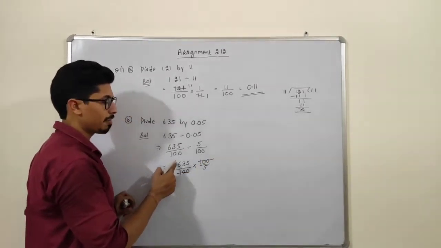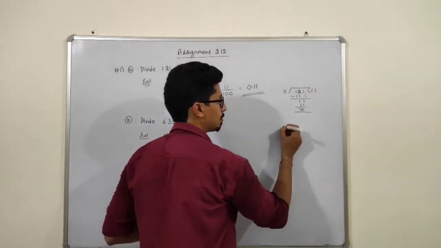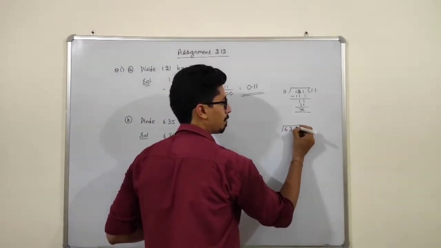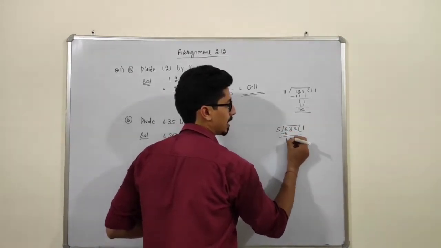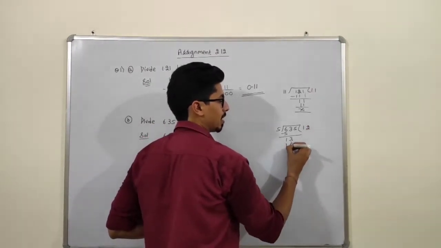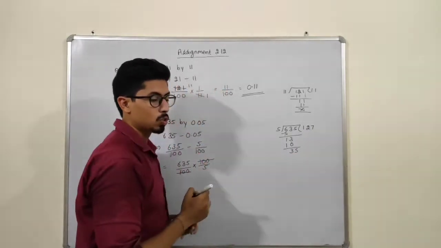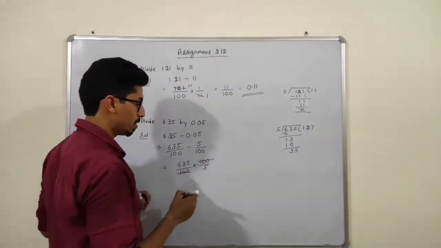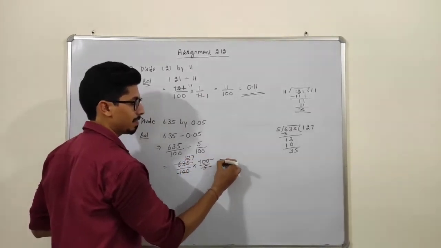So 635 when divided by 5. 5 ones are 5. 13. Okay. So 5 twos are 10. Remainder is 3, now 5, so 5 sevens are 35. So the answer is 127, students.